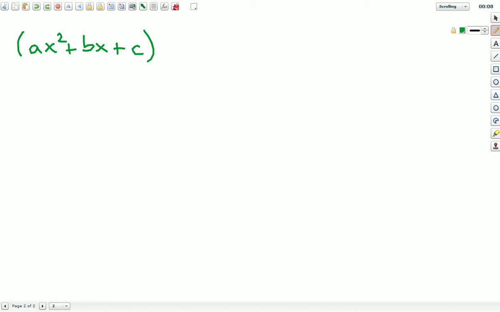And if you recall, this is irreducible, which would mean that basically this polynomial has only complex roots.